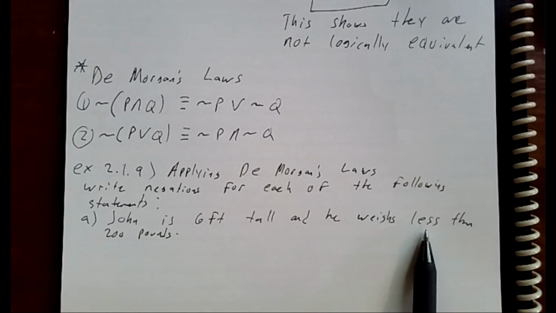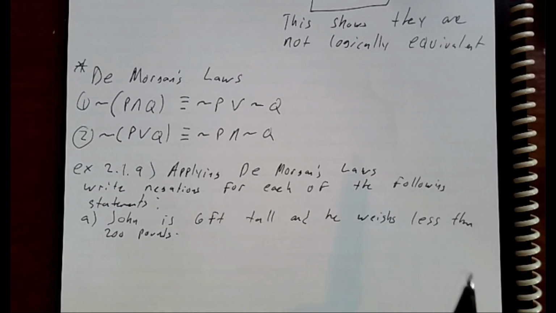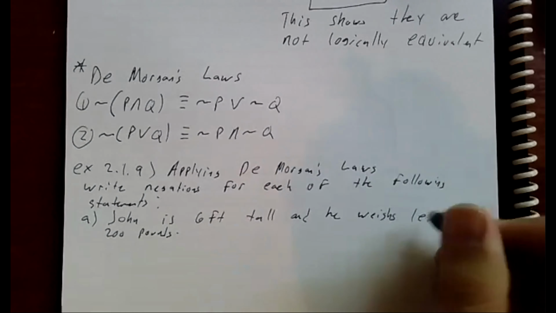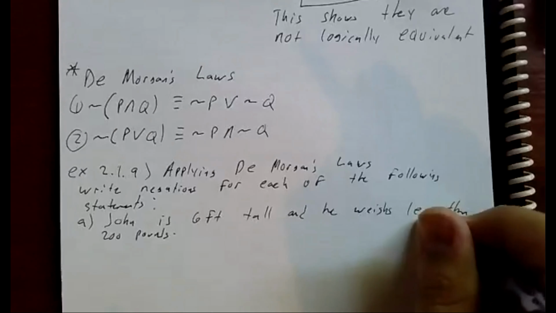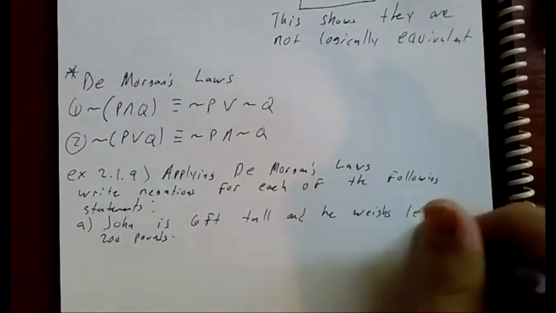Yeah, because this is a less than 200 symbol, right? So the opposite would be more than. Let me, I'm sorry, I wrote it wrong. It's supposed to be at least, but if it was written correctly, you'd be right.